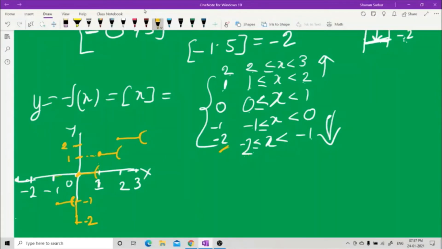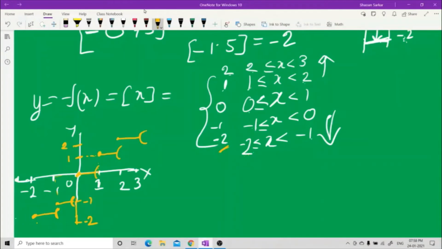Let me do it with this only. Between -2 and -1, it is -2. So you will draw this. It will never be -1. So let me draw it this way. Start from here, come till here, leave this line. This is the way you have to draw. It's a bit complicated. You do a little bit of practice and it will be fine.